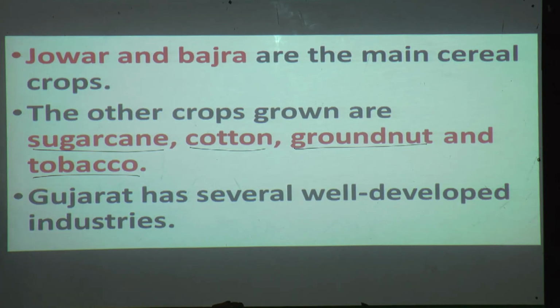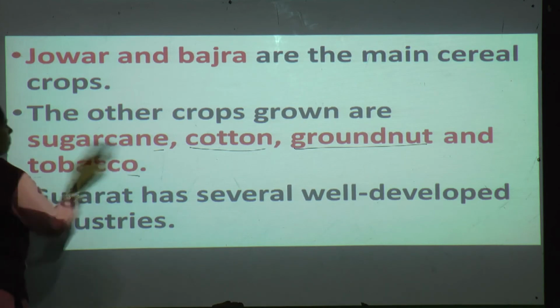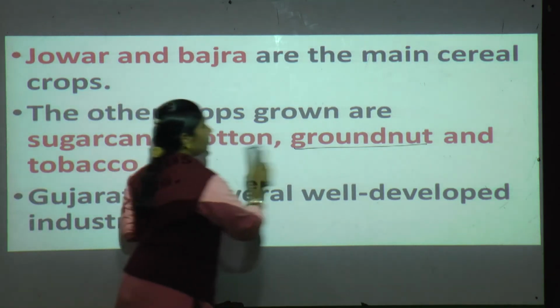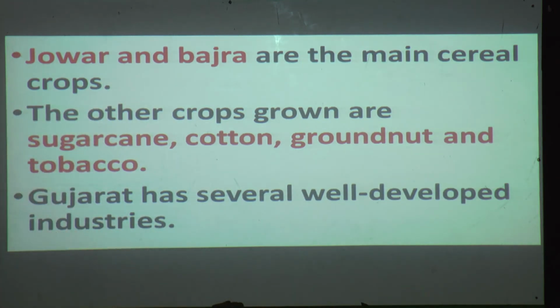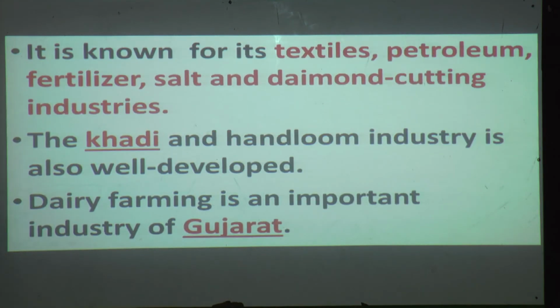Gujarat has several well-developed industries. What are they? It is known for its textiles, petroleum, fertilizers, salt and diamond cutting industries.